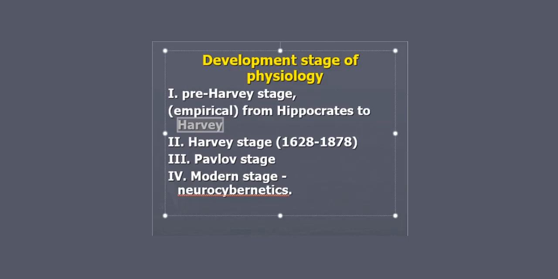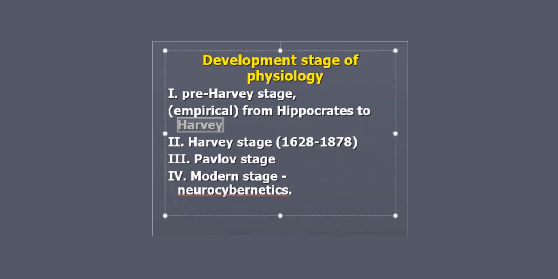And again, Pavlov, a Russian scientist, developed a surgical method of chronic experiment with extensive use of fistula. A fistula is a tube, which enables the functions of various organs to be observed continuously under relatively normal conditions. Because of his discovery, he is considered to have opened a new era in the development of physiology.